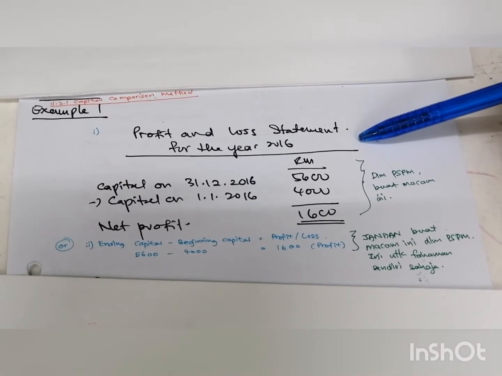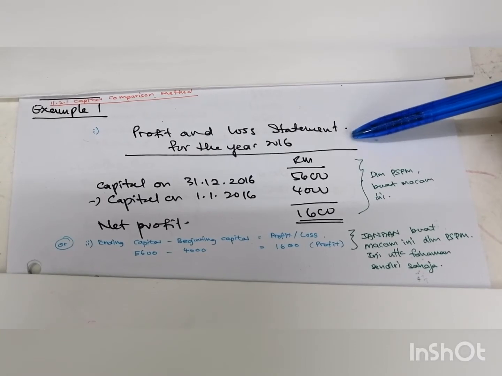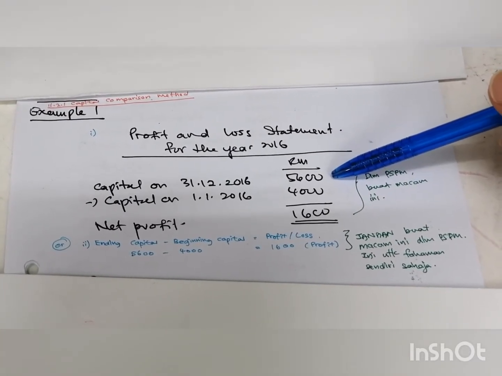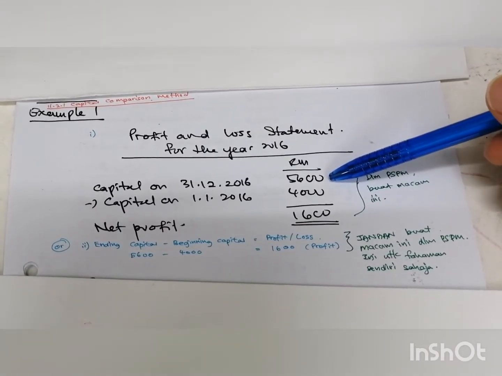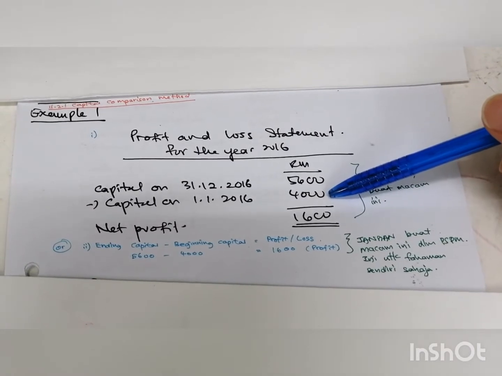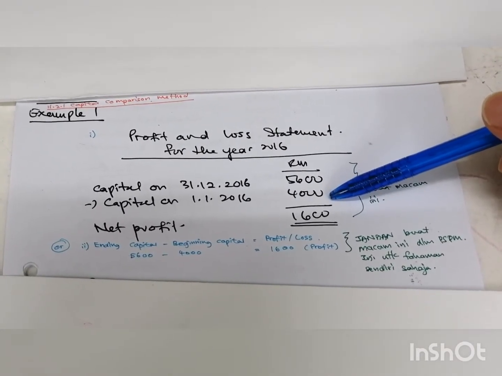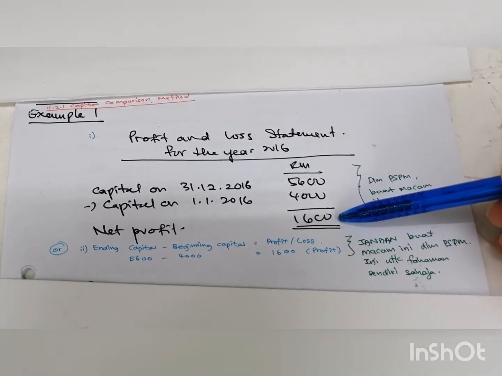So this is the answer for example 1. This is the profit or loss statement for the year 2016. What you are going to do is the capital on 31st December 2016, 5,600, minus capital on 1st January 2016, and you get your net profit 1,600.